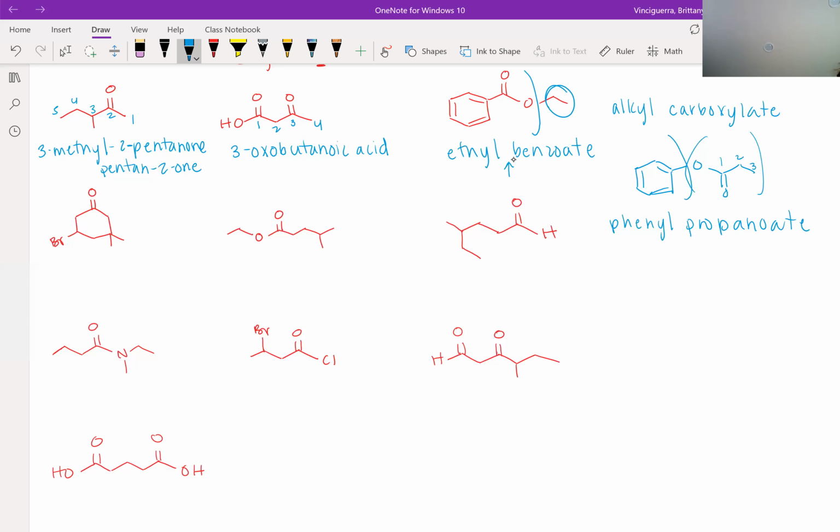Okay, let's do the next one. We'll go down here. So what's carbon number 1 automatically? The ketone. Right. Then do we want to number to the right or to the left? To the left. Why the left? It gets the lowest numbers to get to the bromine and to the 2 methyl groups.